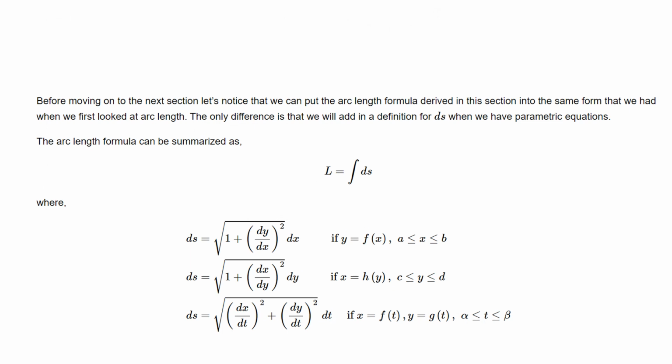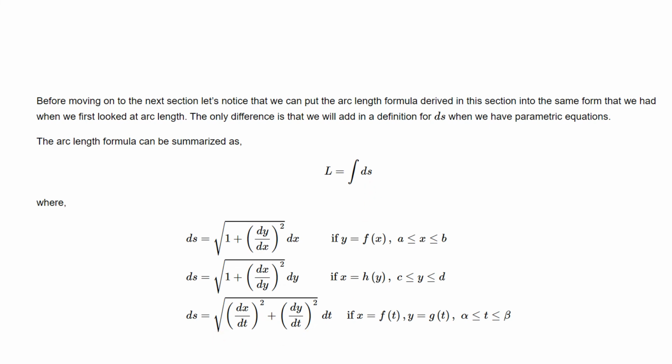And before moving on, we should notice that, again, as we talked about before, arc length can be characterized as s, and we can talk about ds. Now, previously we talked about if we had dx, we get this expression for ds. If we have dy, we get this expression. But now we have another expression, and if it is dt, it is this.